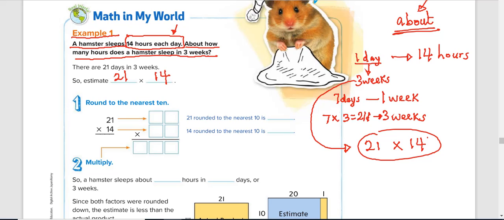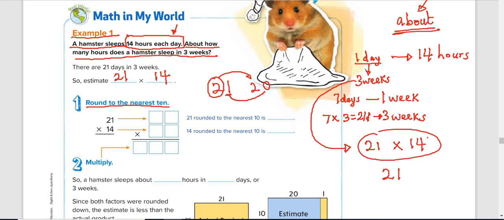Since we are doing an estimate, the instruction says round to the nearest 10. So we have to round 21 to the nearest 10. The tens place. Remember, when we did rounding, we said that you check the next number. When the next number is less than 5, then you round down. What that means is this 2 remains the same, then the next digit turns to 0.